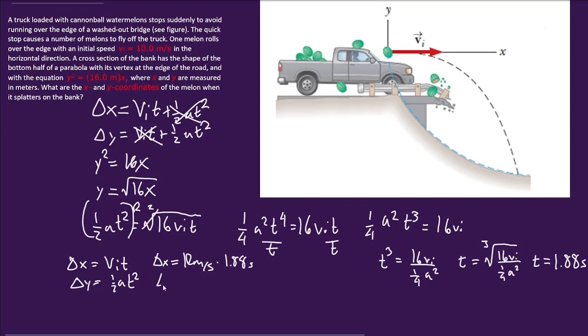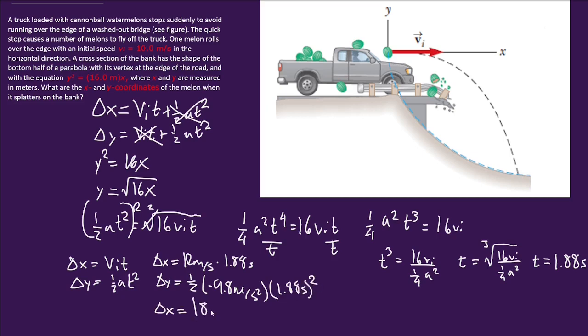And that would give us delta y equals 1/2 times negative 9.8 meters per second squared multiplied by 1.88 seconds squared. Finally, that would give us delta x is equal to 18.8 meters, and delta y is equal to negative 17.32 meters.